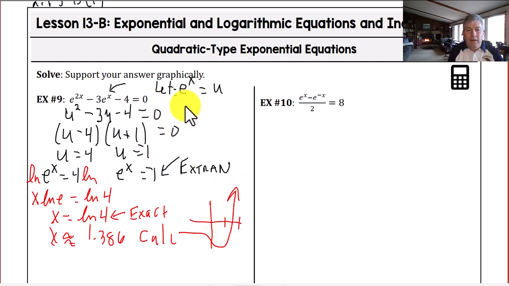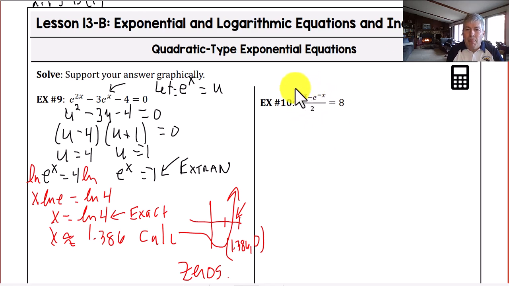We're just finding the x-intercepts here. So we'll see that the x-intercept is 1.386-ish and 0. We could use the zeros command on our graphing calculator to do that.